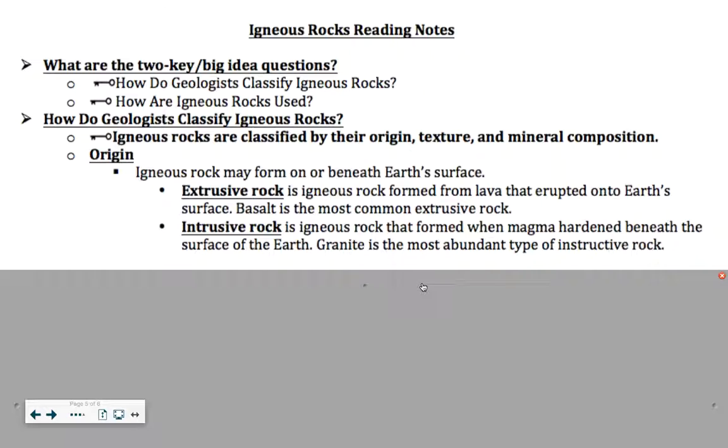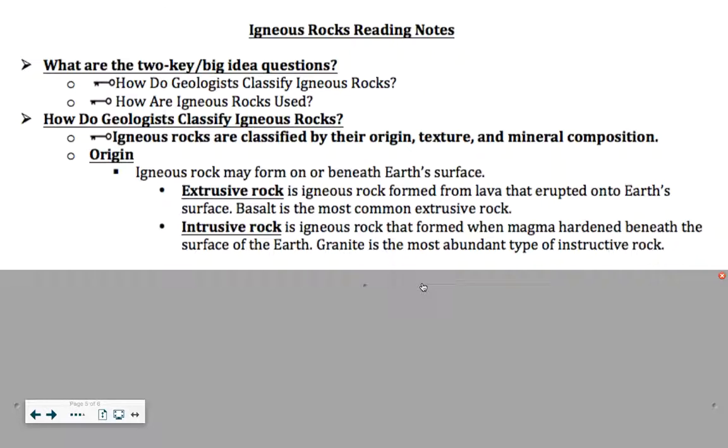I think there was a typo on your notes there, so just correct that there. I apologize. So, these rocks usually have very large crystals, okay, because they form and cool very, very slowly beneath the surface of the earth.